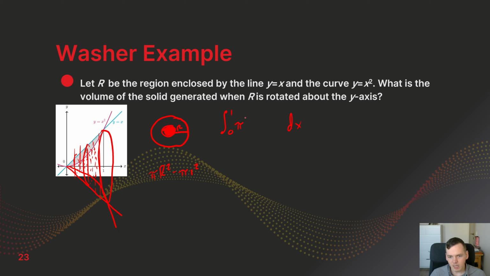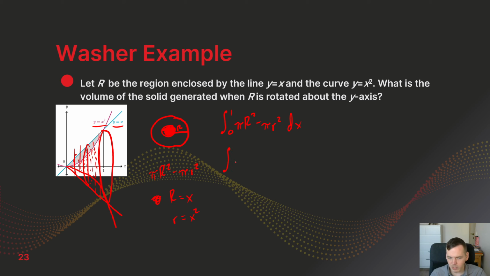So pi times big R squared minus pi times the inner radius squared. Now the question is, what's the outer radius? Well, it's y of this blue function. So big R is equal to x, and little r is equal to x squared from the pink function.